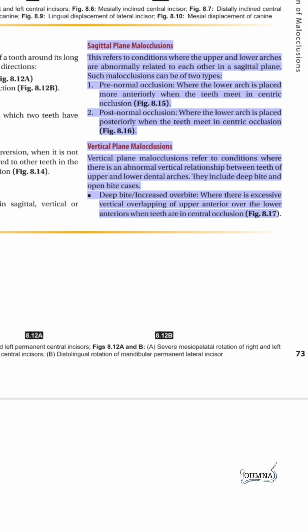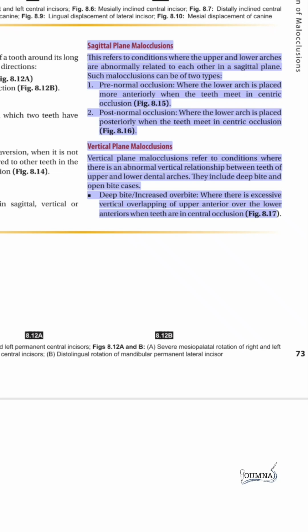For the vertical plane malocclusion, which is concerned with the height, it is concerned with the overbite of the incisors that we spoke about before. We may either have a deep bite or an open bite.